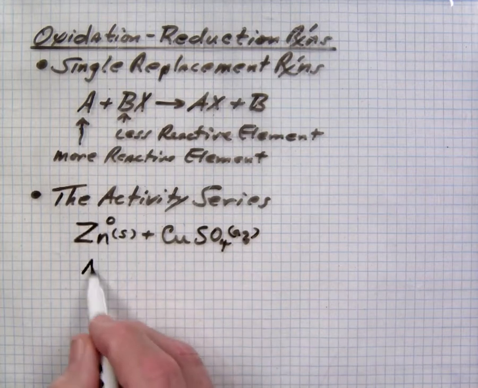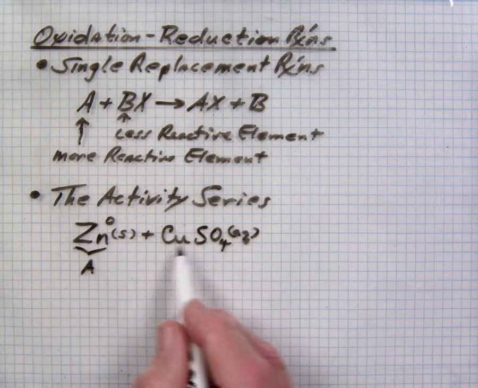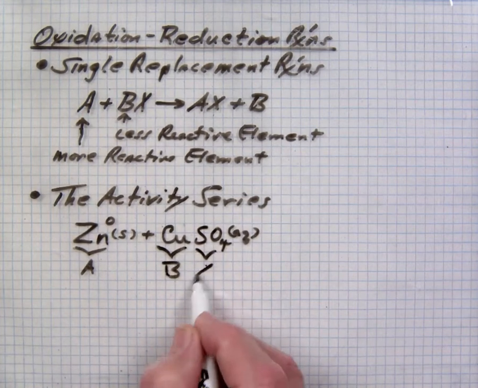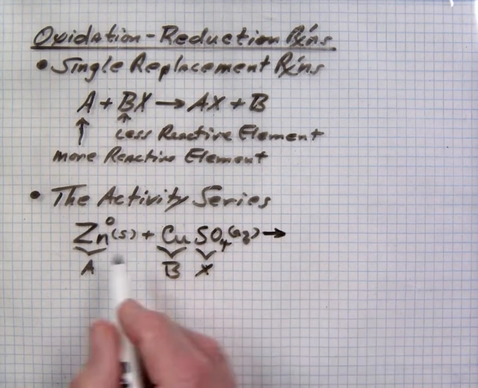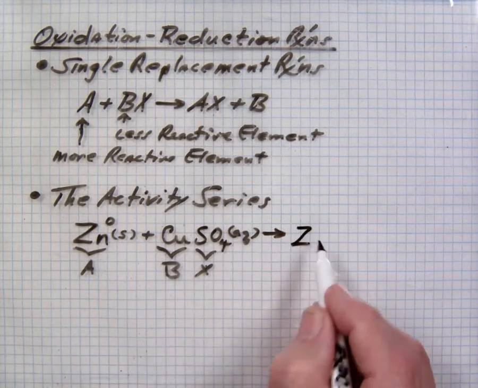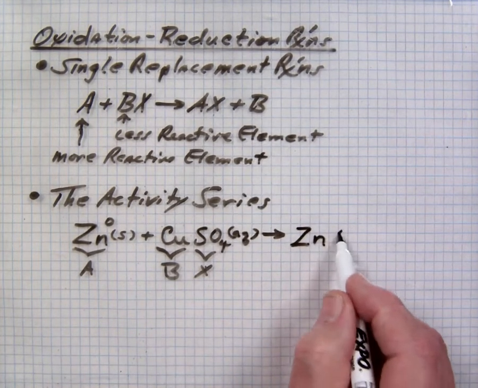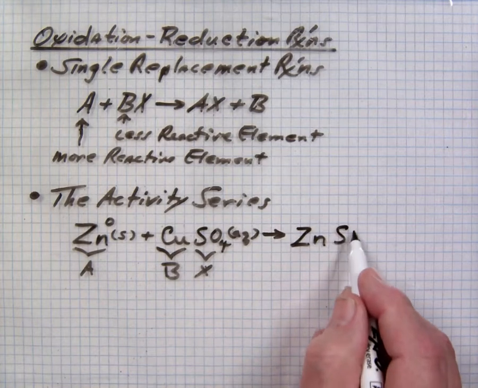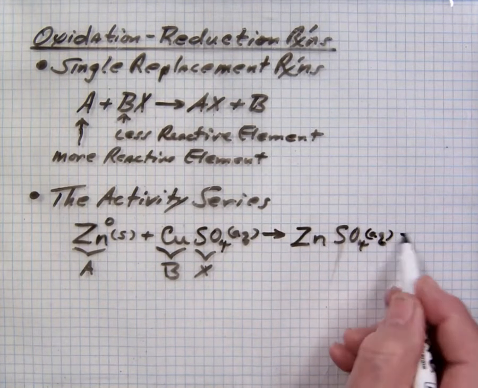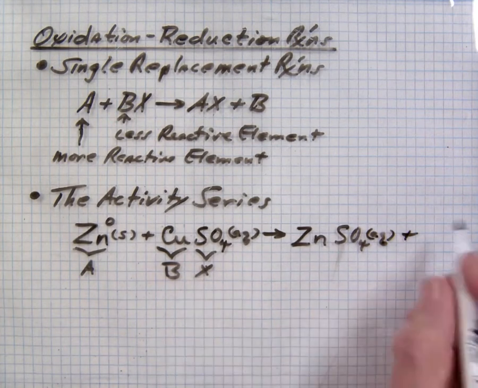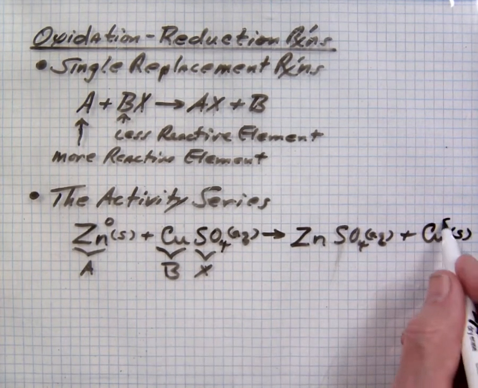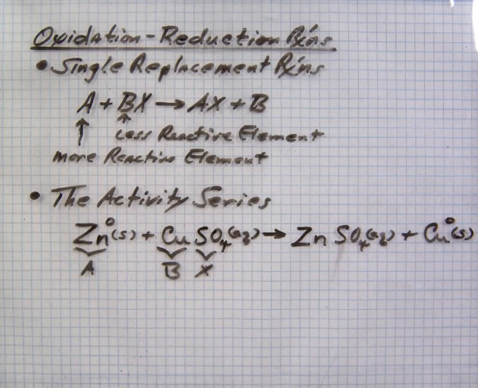Then we have A plus BX. The zinc will in fact replace the copper, and zinc becomes zinc sulfate, aqueous solution, plus the copper will be converted to its basic standard state.